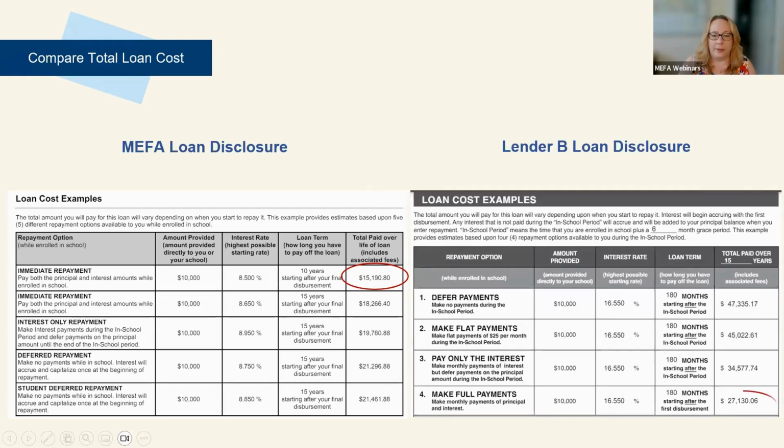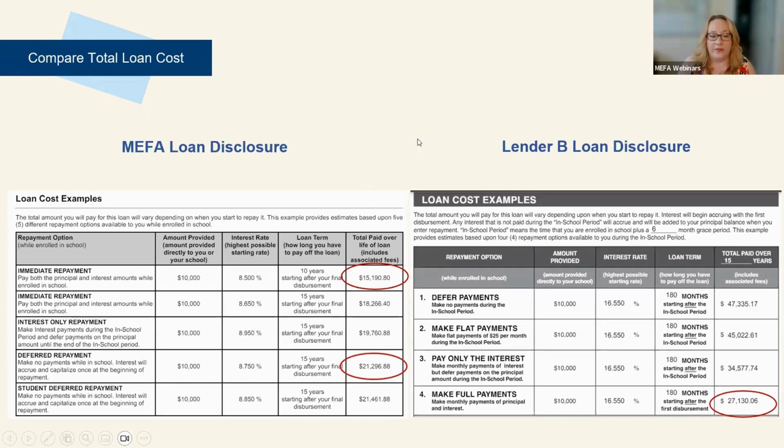So if we look at lender B in their immediate repayment loan, that's over $27,000 because their highest interest rate is 16.5%. Now, hopefully, you'll fall below that if you're looking at other lenders, but it is good to know what that total cost would be because that's a big difference there.